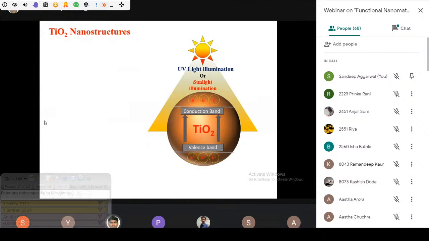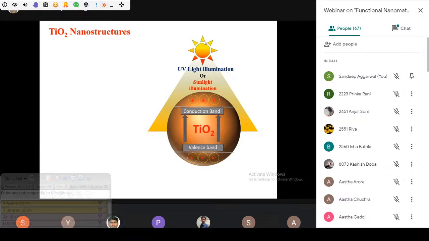Now metal oxide. If you think about metal oxides, there are mainly TiO2, zinc oxide, and some other metal oxides which are used as photocatalysts. So here I'm taking the example of the photocatalyst, and out of all that, TiO2. TiO2, as we have studied before, we know very well that for a semiconductor we have valence and conduction band, and there is a band gap.